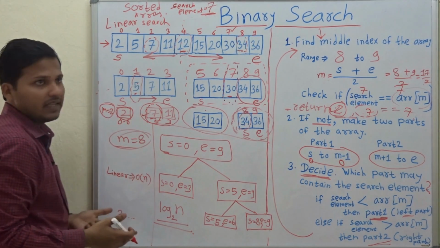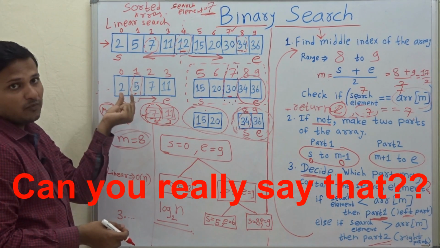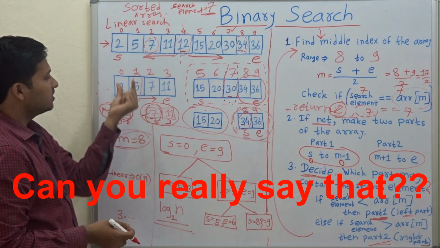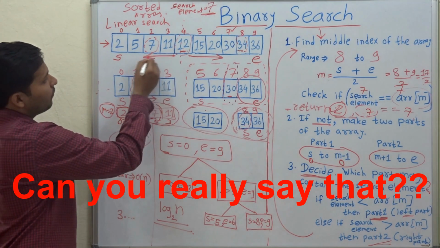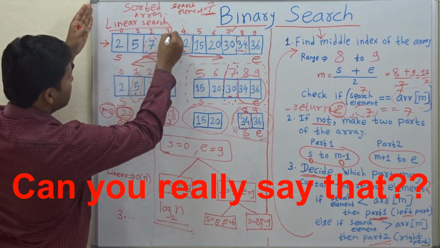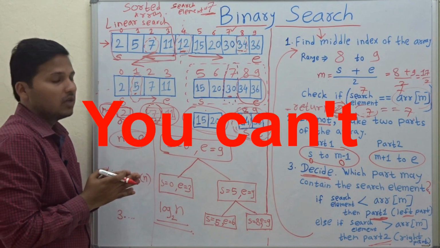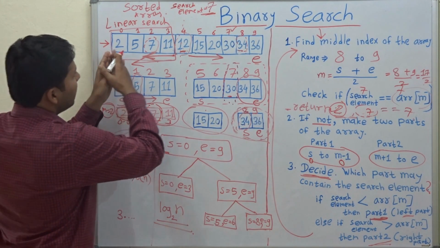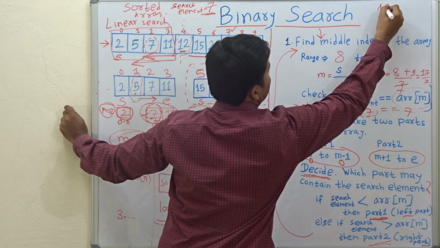So you may say that this algorithm performs the same for linear search and binary search if the element is in the first half of the array. But this is not true, because here there are very few elements. There are only 10 elements.